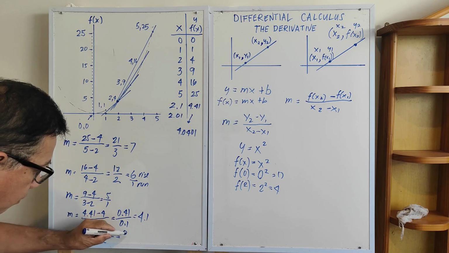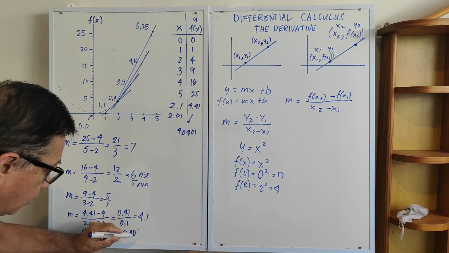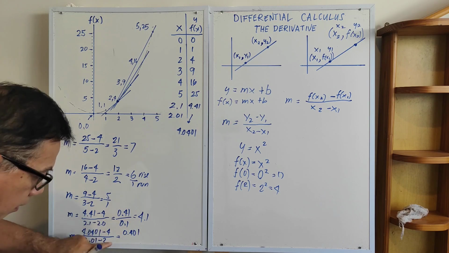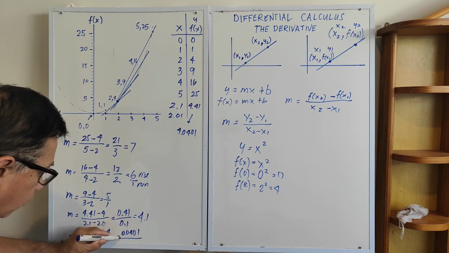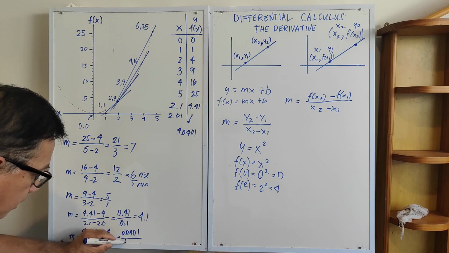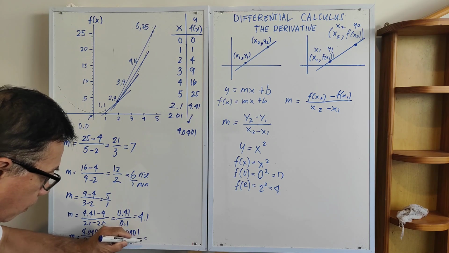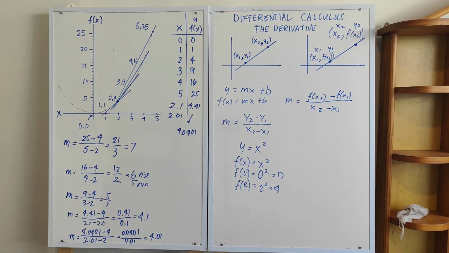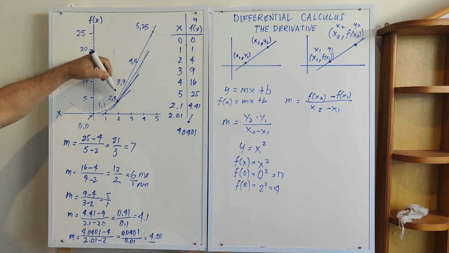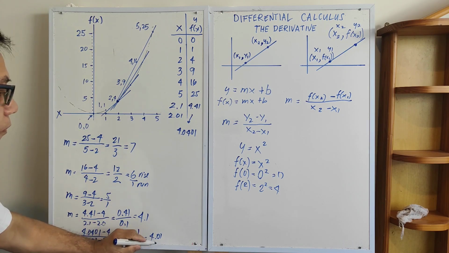That will be 0.0401 over 0.01, or 4.01. So the closer we get to 2, the closer the two points are together, the slope gets closer and closer to 4. And actually the slope of the curve at that point is 4.